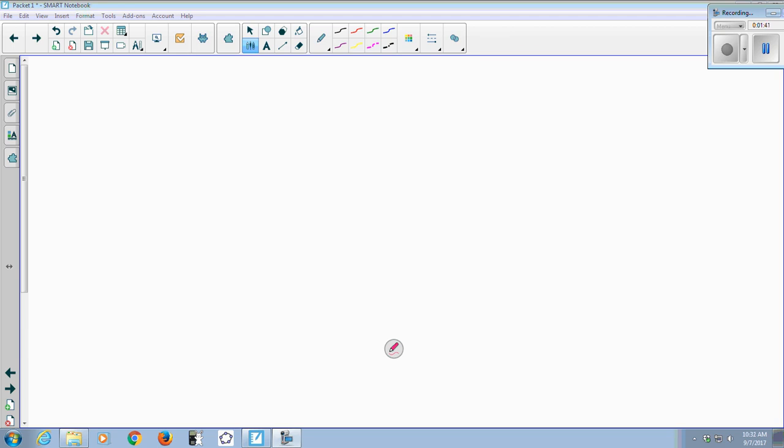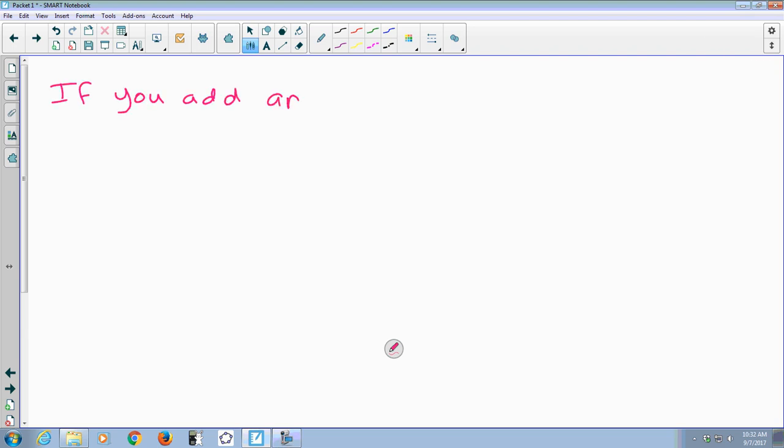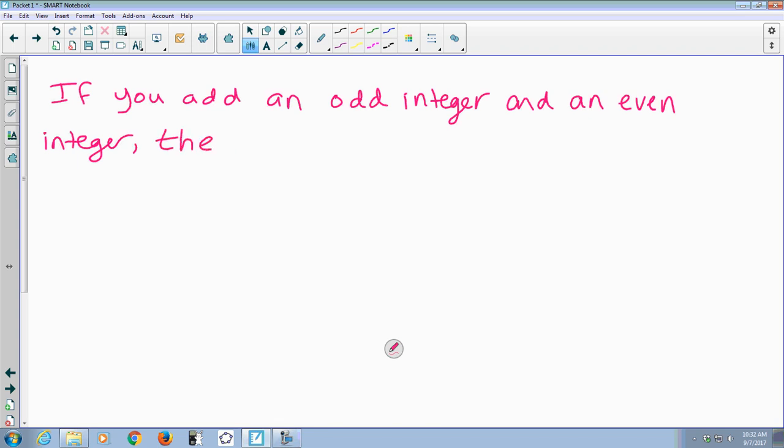Okay, so I want to say if you add an odd integer and an even integer, then this theorem says that the result should be odd, right?